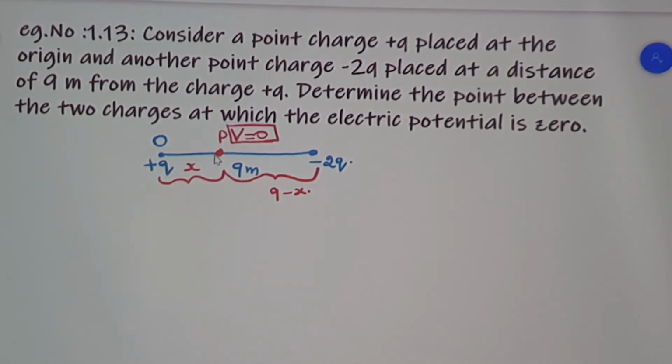Either I can represent the point from plus q or from minus 2q. How can I consider it?